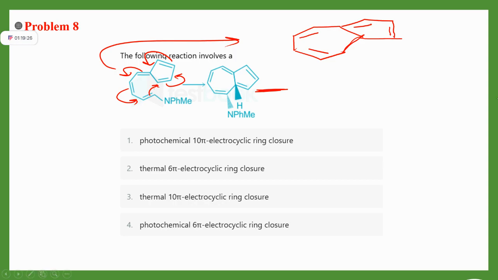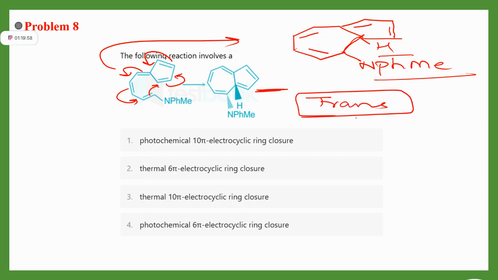And we are left with these substituents Ph, Me, and this hydrogen. So what was wrong in this product is that they have made it a completely aromatic system. But our main motto should be to know the stereochemistry of this Ph, Me, and H, right? Since they have given that they are trans, we have to figure out under which condition they can be trans. Okay.